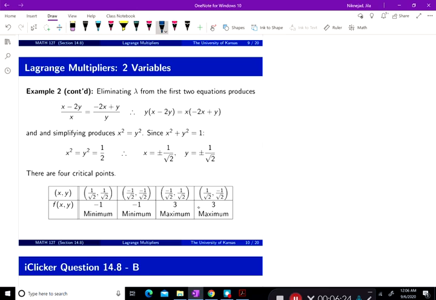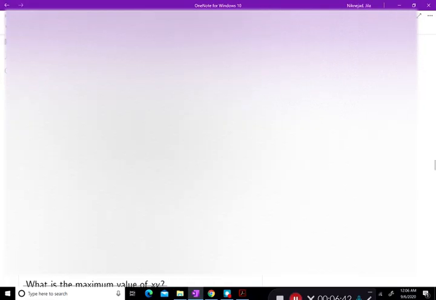The other two give you 3, and those are the maximum. These are the minimum. So this is another method of solving for the optimization over the boundary of a region, basically.